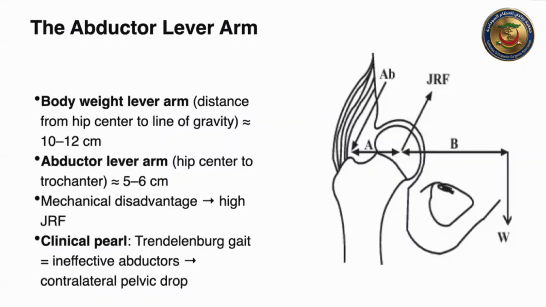But the abductor lever arm is shorter, 5 to 6 centimeters, which is considered a disadvantage because it needs more force from the abductors to reach equilibrium. So the Trendelenburg gait comes when there are ineffective abductors, and the contralateral side of the hip is dropped.